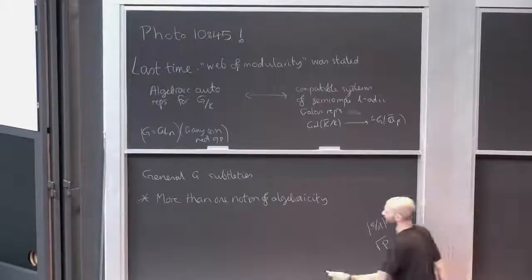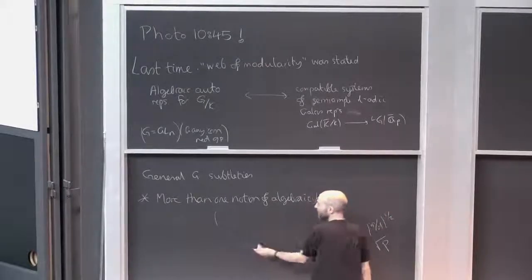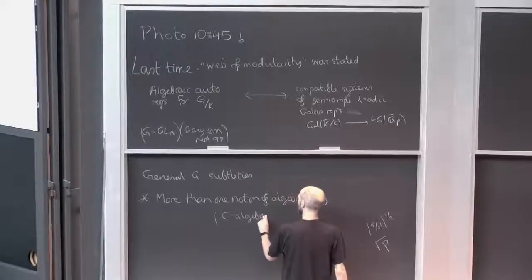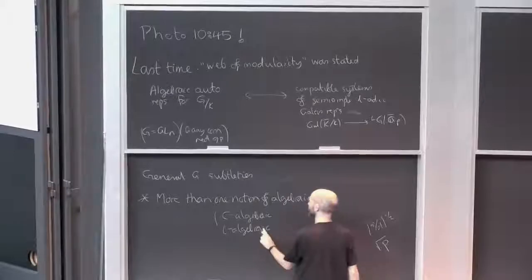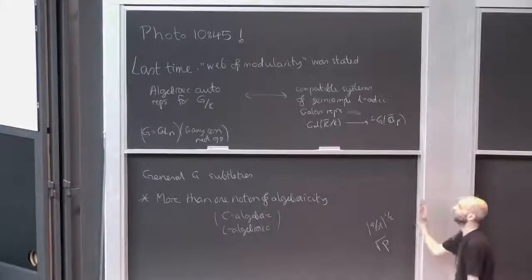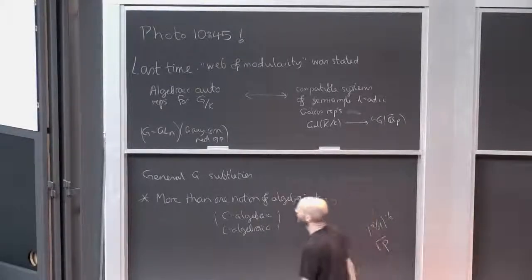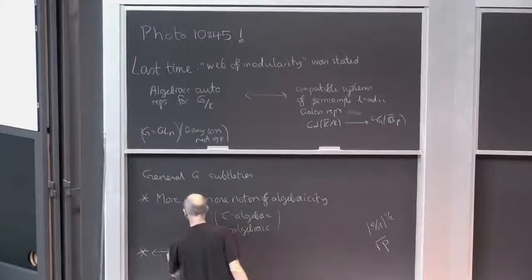Me and Toby G christened these C-algebraic and L-algebraic. I will say something about these notions for GL2 later. So you have to figure out exactly what you mean by algebraic. It's well understood, but there are subtleties. The next subtlety is that this thing here isn't a bijection.